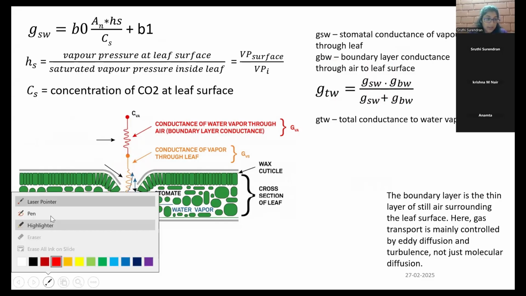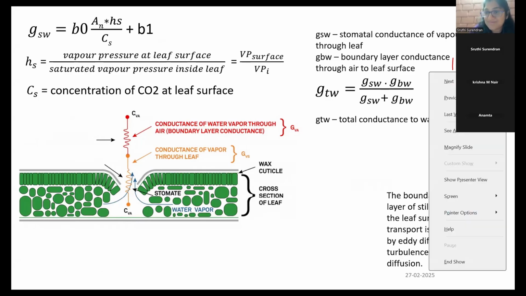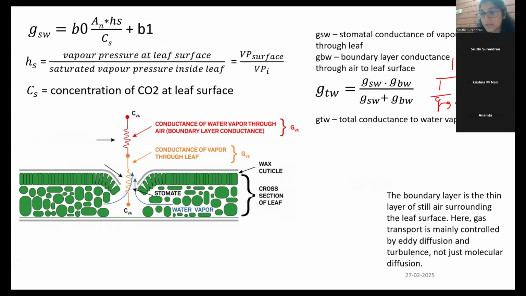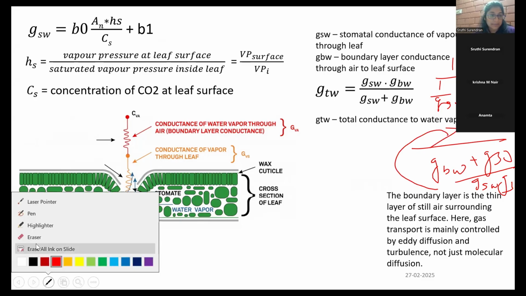This is how I obtain it: it is nothing but 1 by GSW plus 1 by GBW. Now, when you take GBW plus GSW divided by GSW into GBW, and take this to the numerator, it will come in this format. So this is how I got that equation.